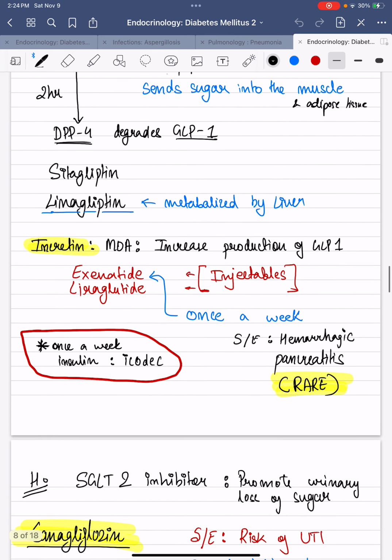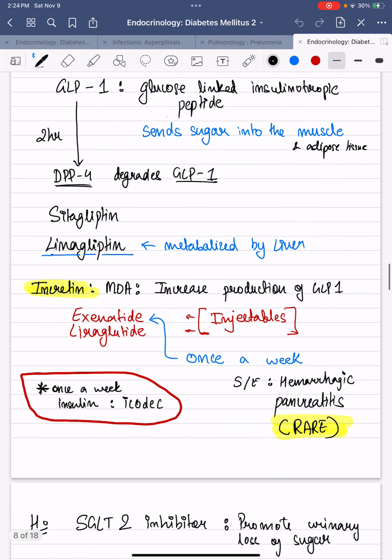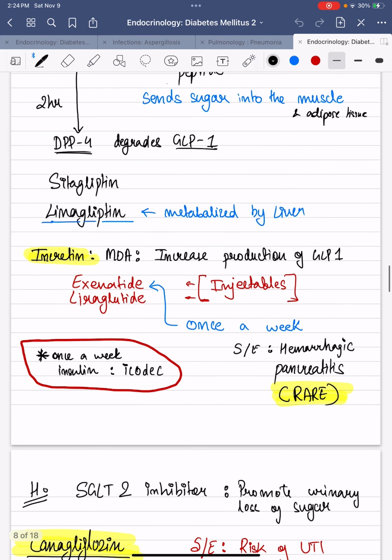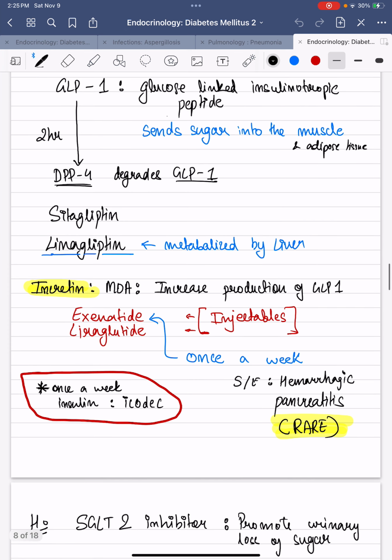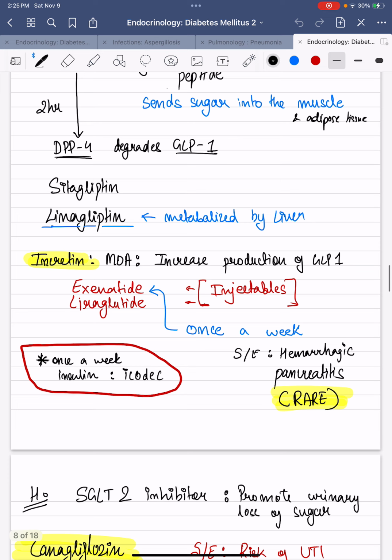And there is also a class of drug called incretin, whose mechanism of action is slightly different. It increases the production of GLP-1. So here DPP4 will be allowed to degrade GLP-1, but there will be a lot more GLP-1 because of these drugs in the class of incretin.